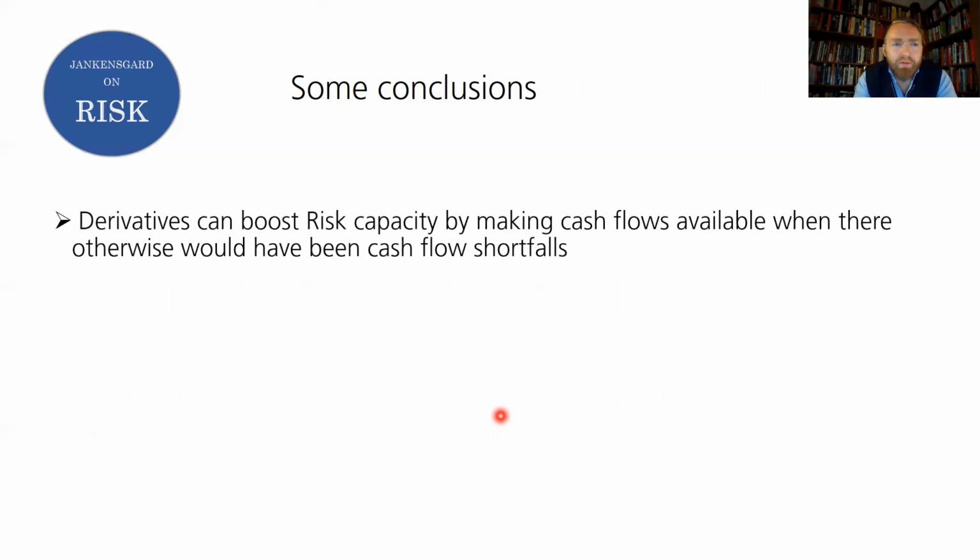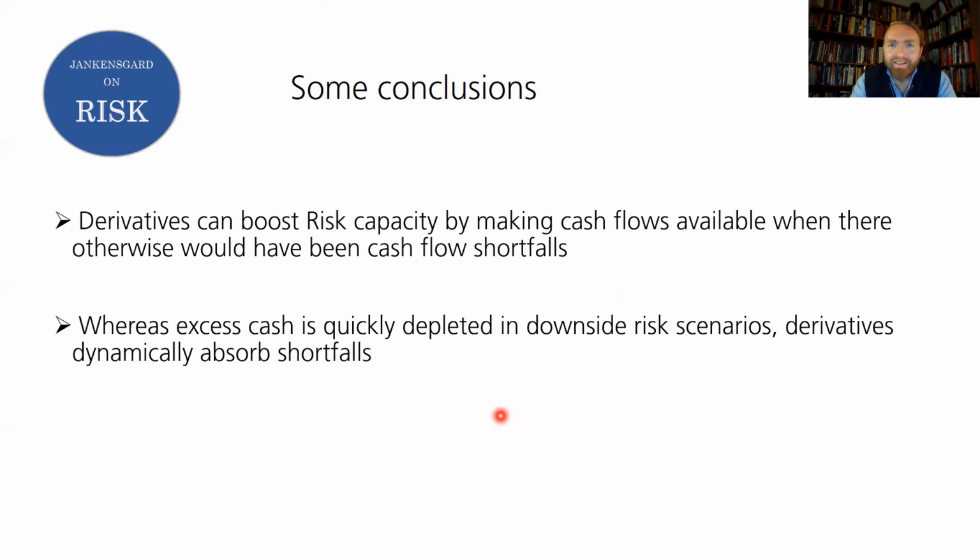So to sum up this video, derivatives can boost risk capacity by making cash flows available when there otherwise would have been a cash flow shortfall. So it can be very efficient in the sense that you direct extra liquidity towards the scenarios in which that liquidity is most needed, and has a high marginal value.